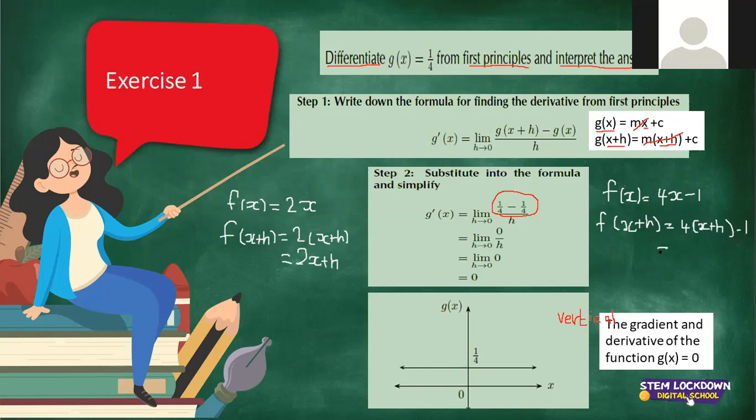So this is simply 4x plus 4h minus 1. And then you just plug in f of x and your f of x plus h into the equation.